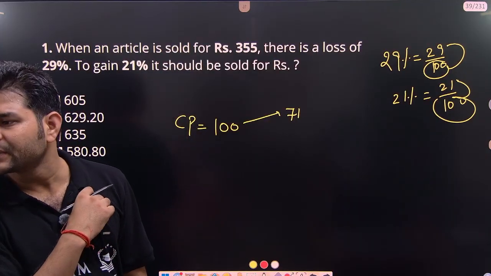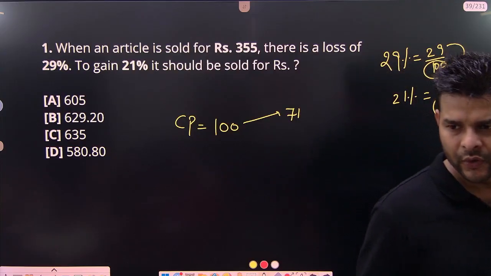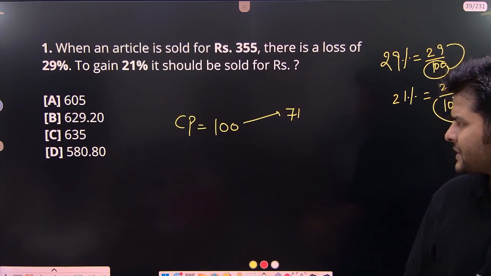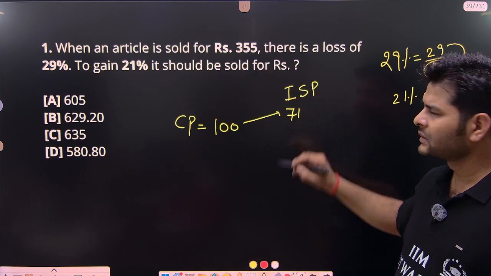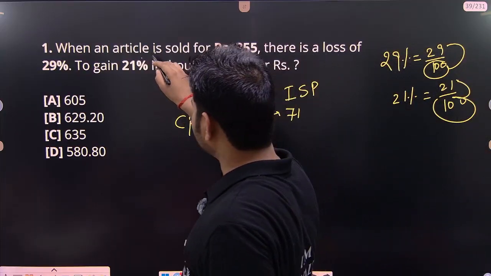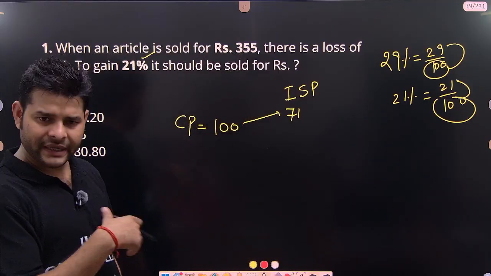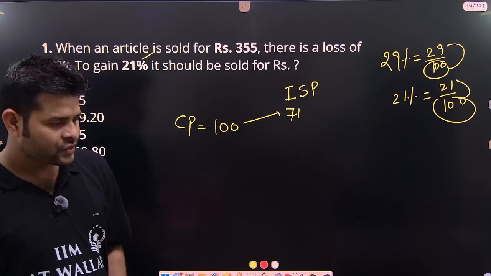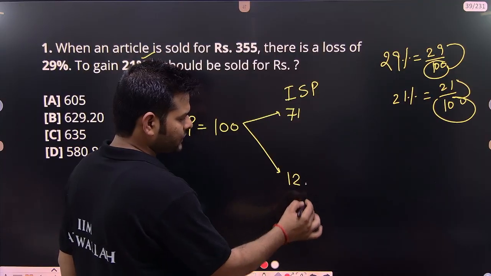29% subtraction of 29%. If there is an item of 100 units and a 29% loss has occurred, at how much would it have been sold? Clear? So basically this is the initial SP, 71. What would be the new SP? To gain 21% profit, he wants to sell this item again and make 21% as profit. So 21 profit means he wants to sell at 121.